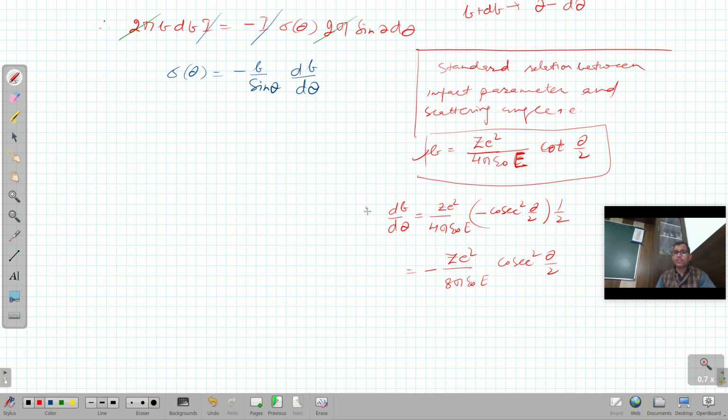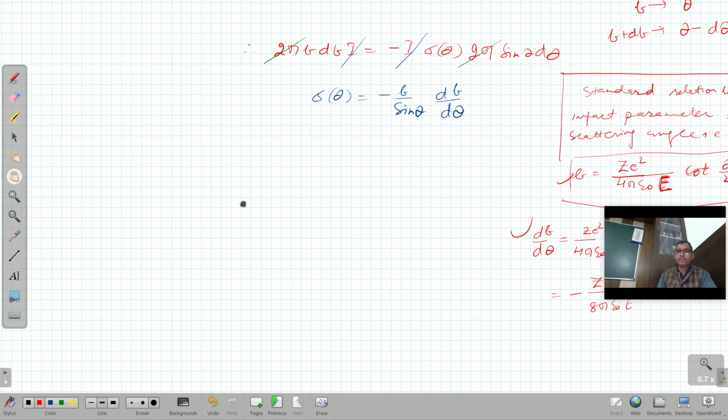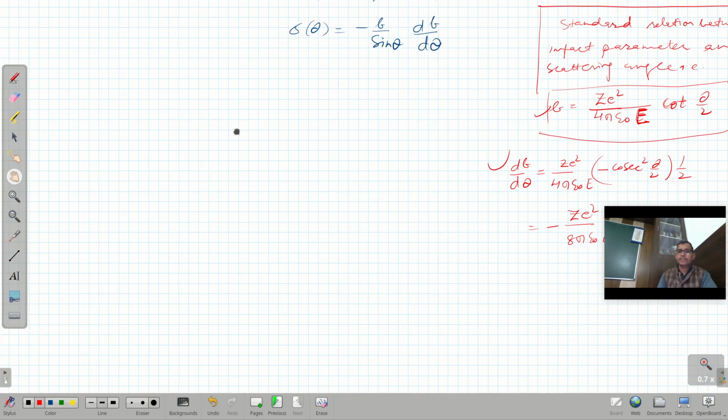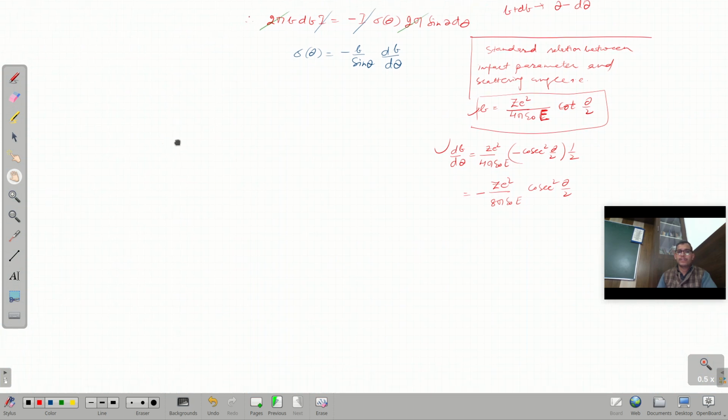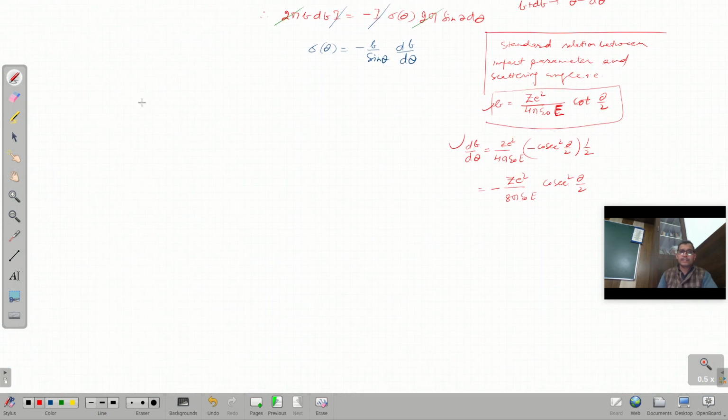So let me put these two values here. If I substitute these values, then what I am getting, let me decrease the size of this.